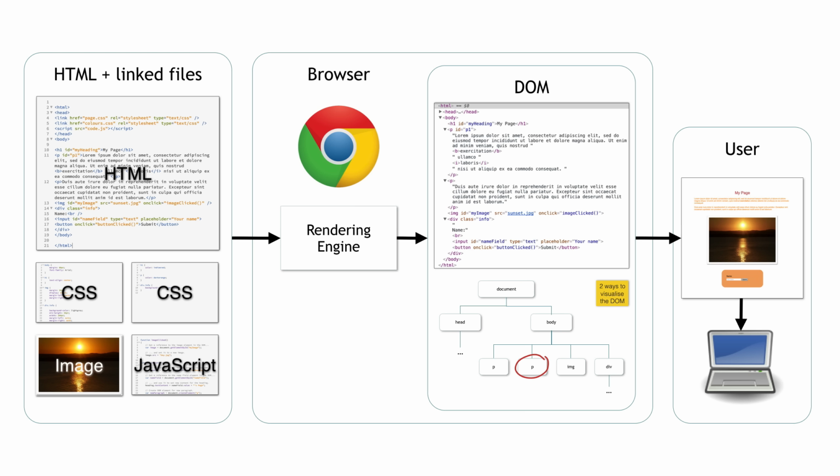The second paragraph, that's here. An image tag, here's our image. A div tag, which is this section on the page here. And within this div tag there's more elements, a label, a text field, a button.